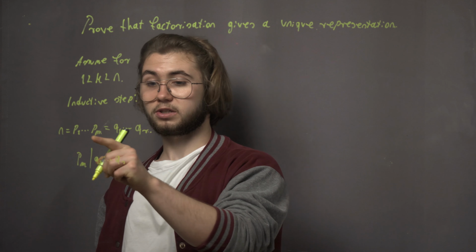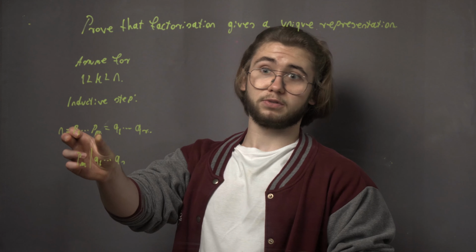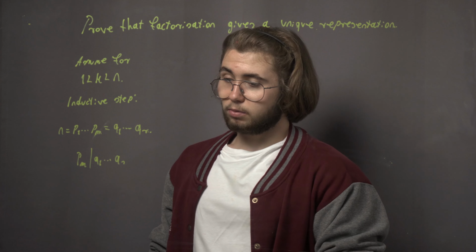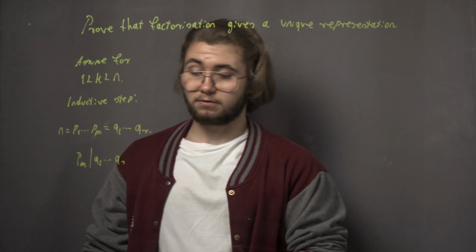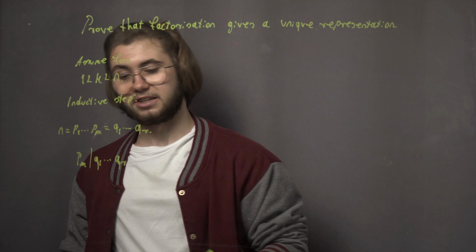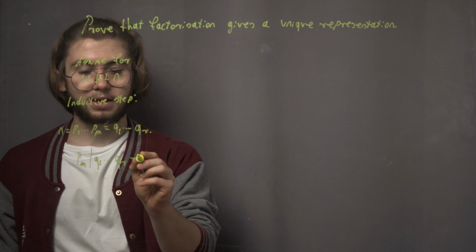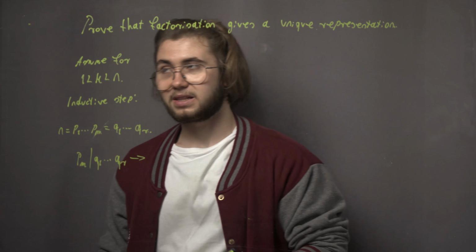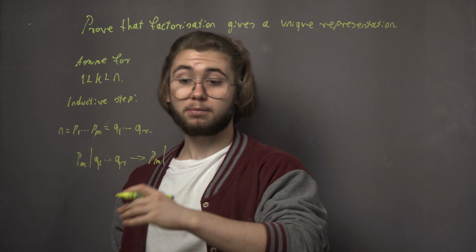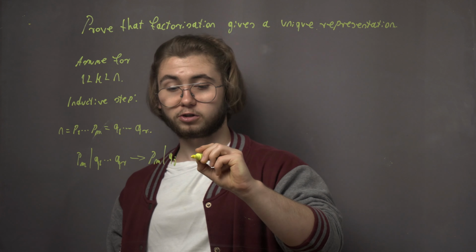I mean, those products are equal to each other, and pm divides this product because it's a part of it, and so it will have to divide this product as well. But if pm divides the product of q1 up to qr, this means that there has to exist some q, let's say qj, such that pm divides qj for some j.